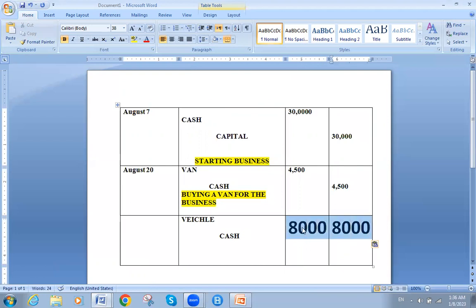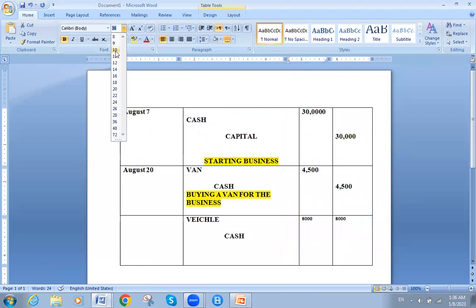Actually, they're very big, so we don't want them to be like this. We want them to be like here. That's fine. Then the small 8,000 here will go down, and we'll say buying a vehicle.